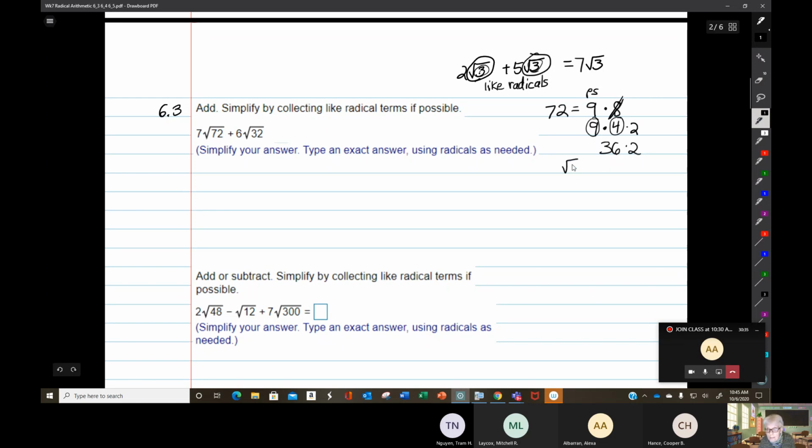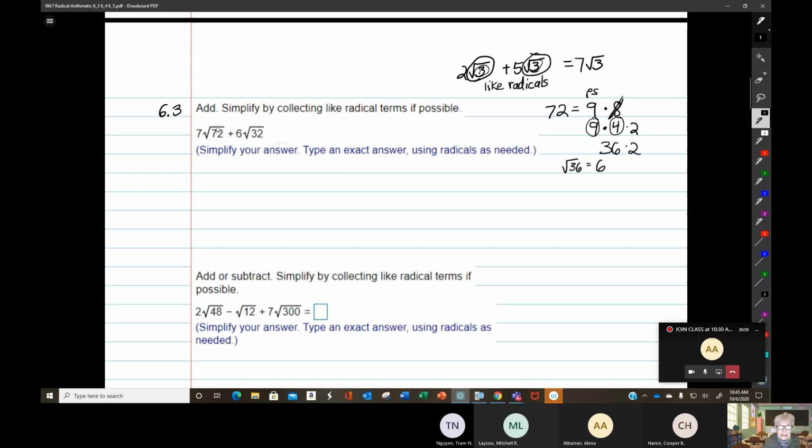The square root of 36 is 6. So now I know that a better choice than 9 times 8 for 72 would have been 9 times 4 times 2, which is 36 times 2.